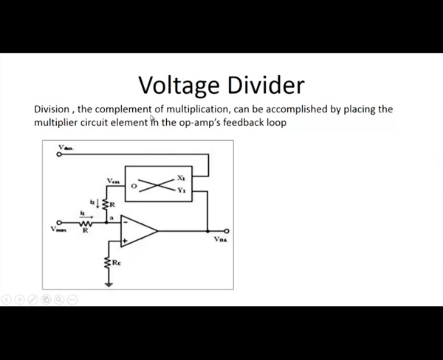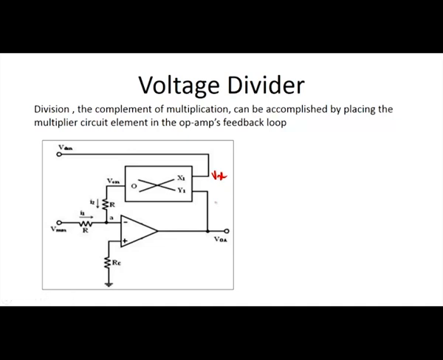In this case, the multiplier is present in the feedback path of the operational amplifier. When you look at the circuit diagram, the input voltages are given here. One input voltage, say this is Vx.